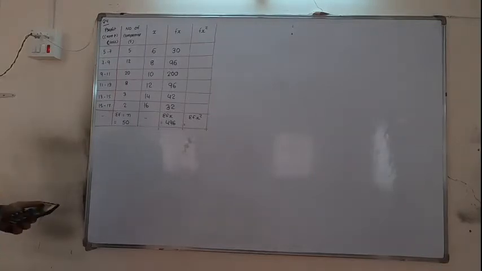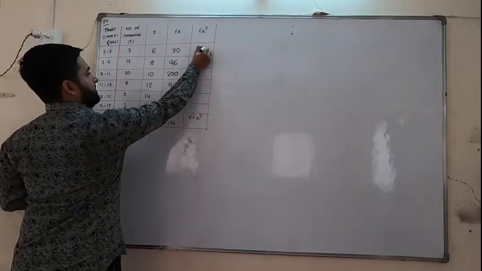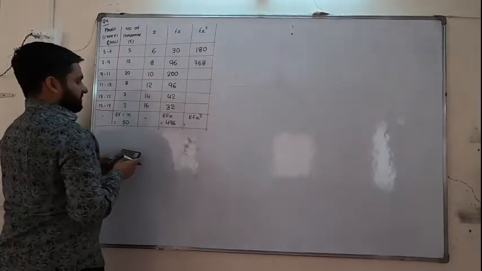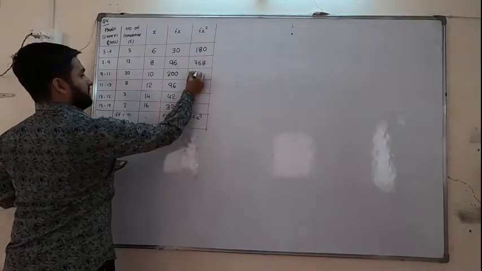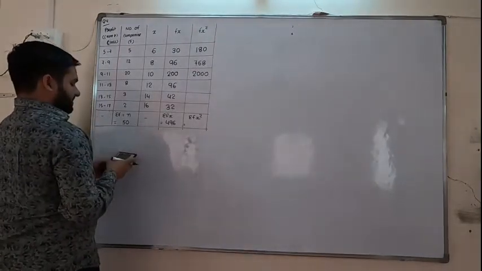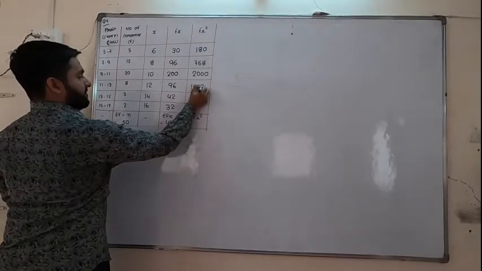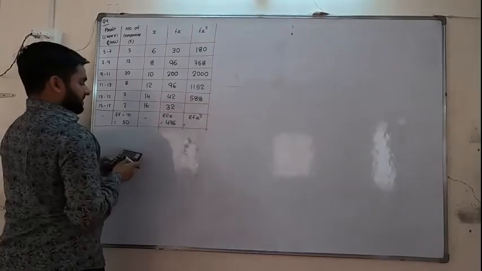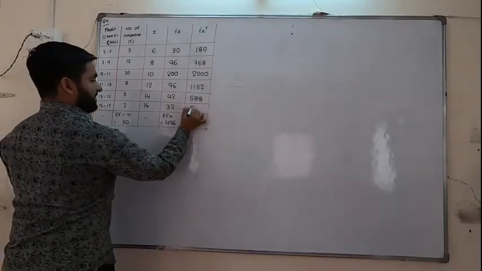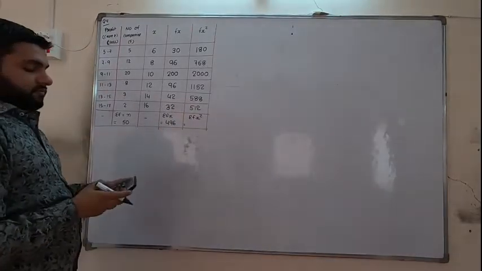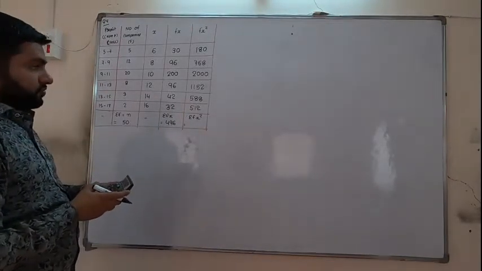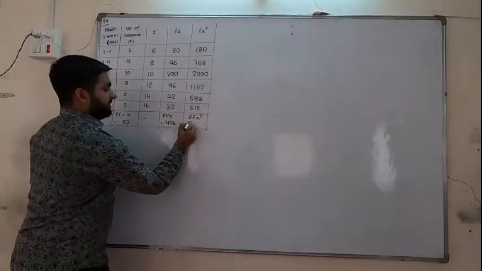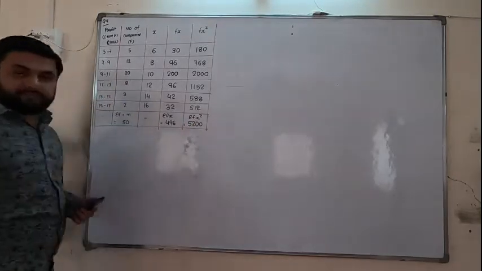Next, fx square. 30 into 6 is 180. 96 into 8 is 768. 200 into 10 is 2000. 96 into 12 is 1152. 14 into 42 is 588. 16 into 32 is 512. 180, 768, 2000, 1152, 588, 512, the total is 5200.